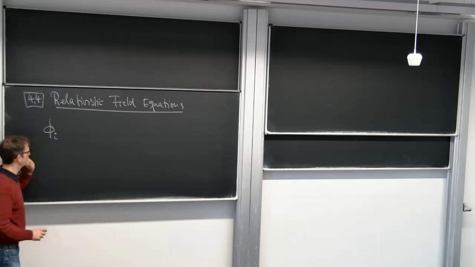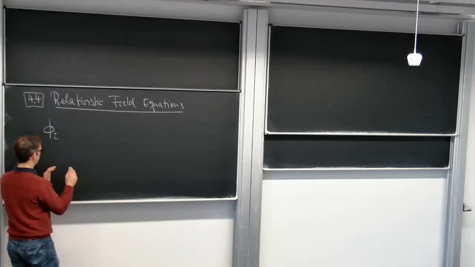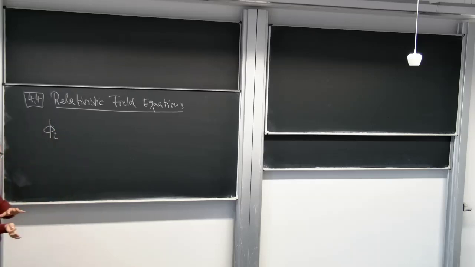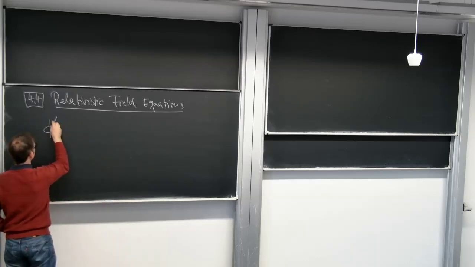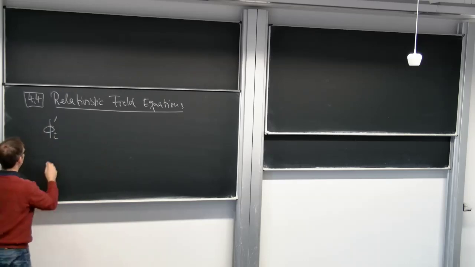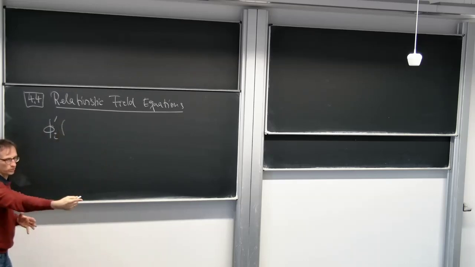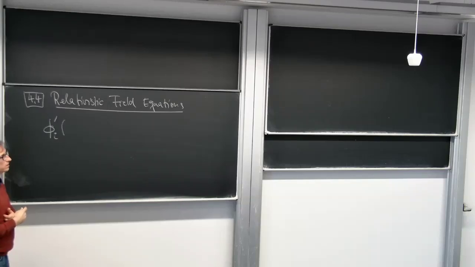So this is generic. And if this field is now viewed from a different inertial system, then the other guy uses a different field phi prime at the transformed location, which means really the coordinates that this other person gives that location.